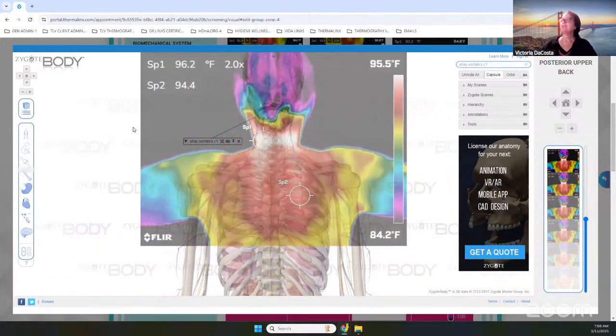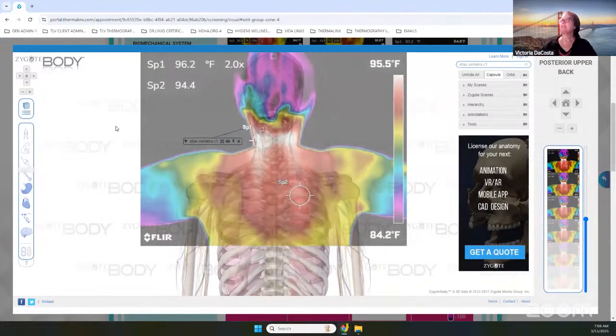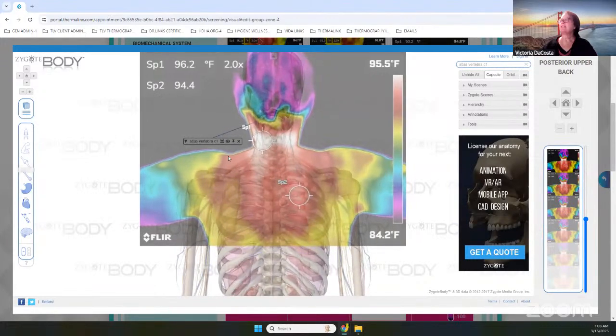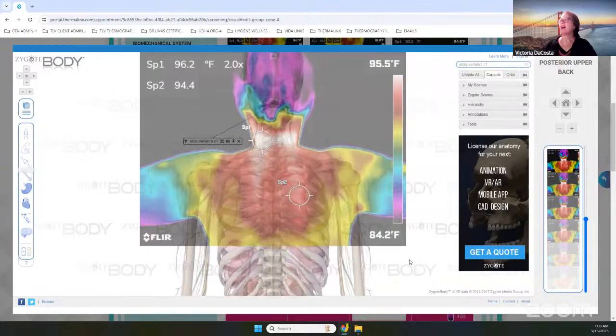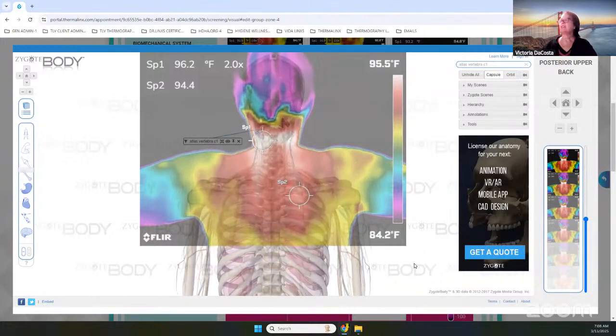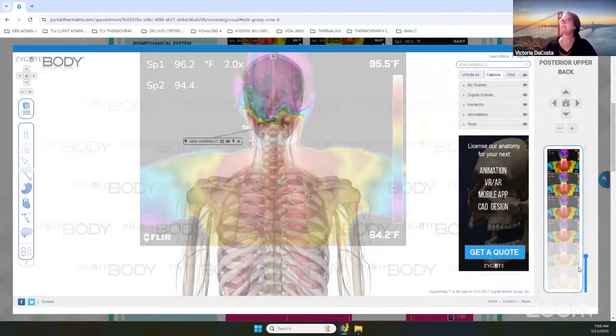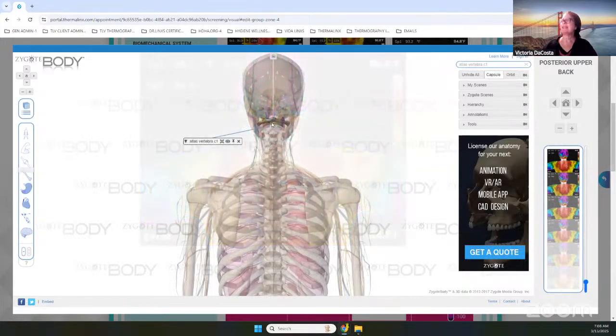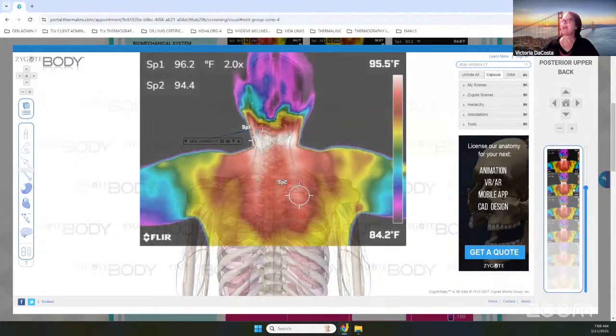And as I place this particular case here, her atlas is on fire. Her atlas is highlighted, outlined, stressed.